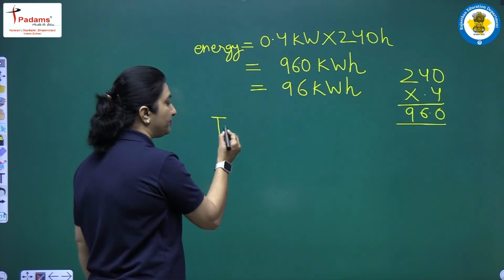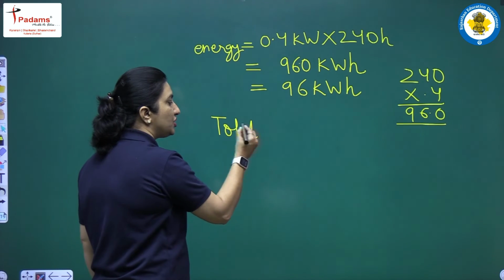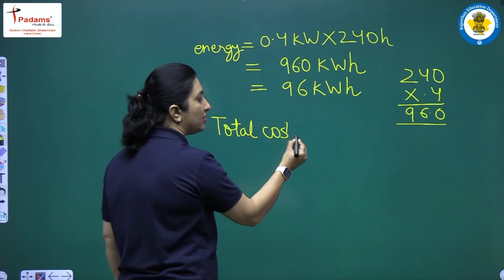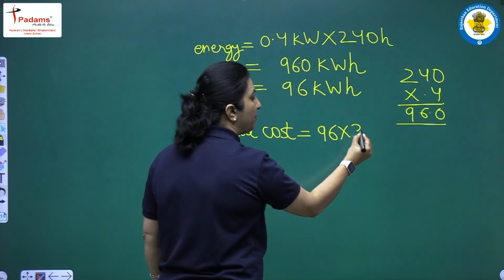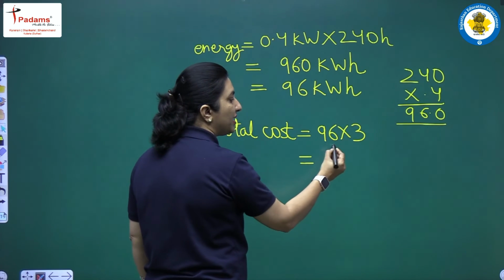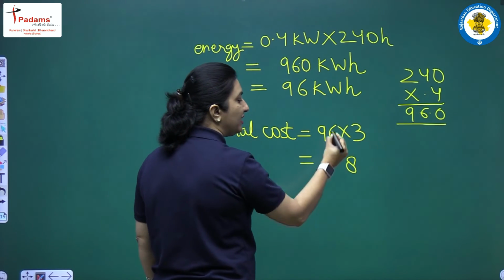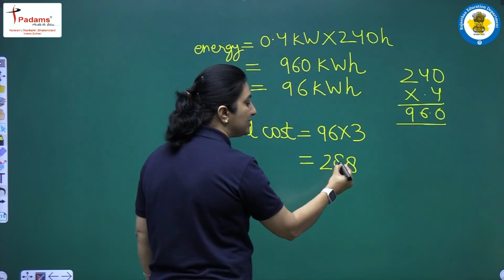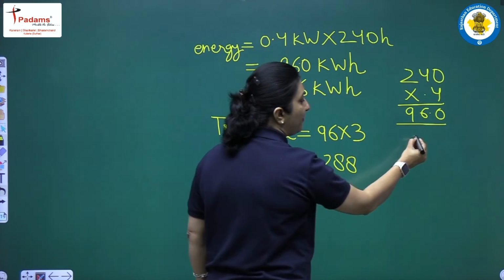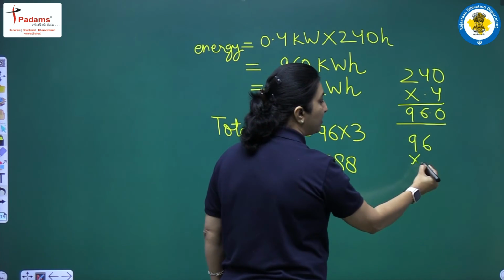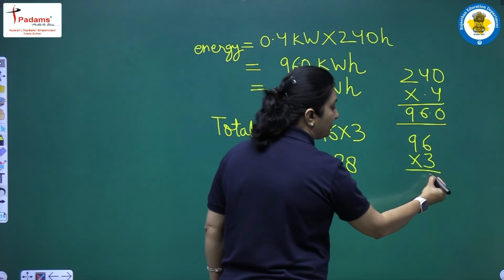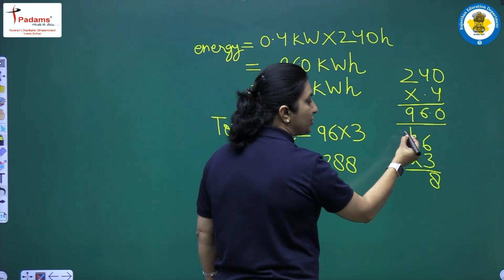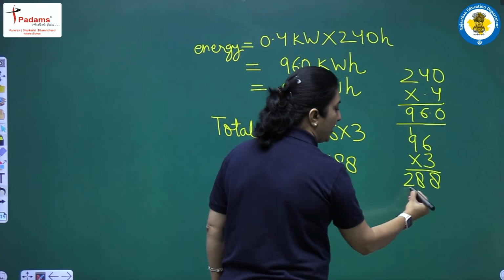So the total cost will become equal to 96 multiplied by 3. So 6 3s are 18, 9 3s are 27 plus 1, 28.